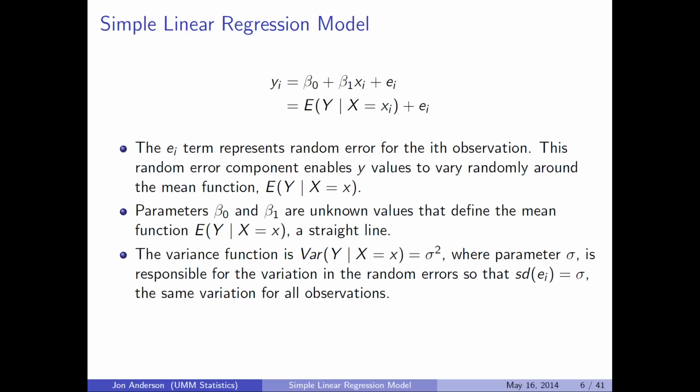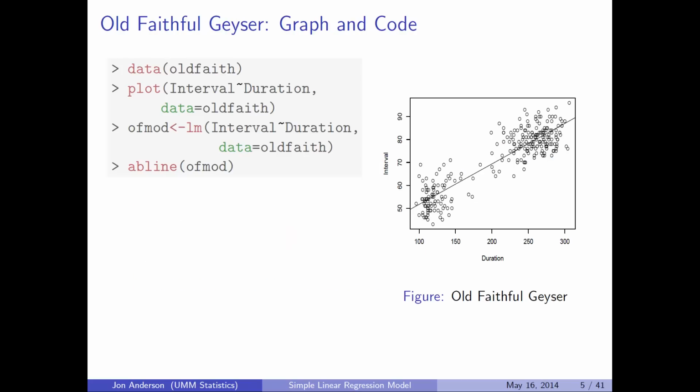That brings us to the simple linear regression model, which might be a way to describe the data situation we were looking at for the Old Faithful Geyser data. It looks like the relationship between duration and interval might reasonably be described by a straight line mean function.